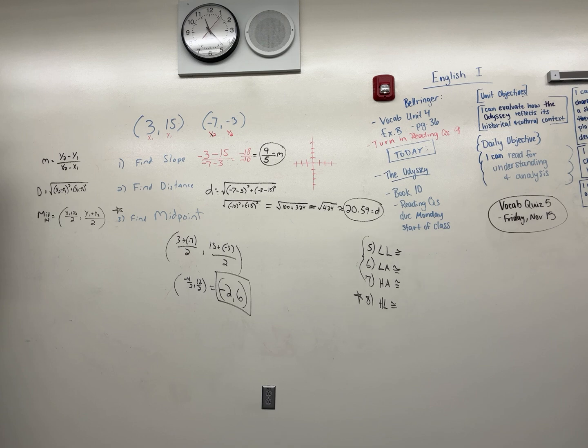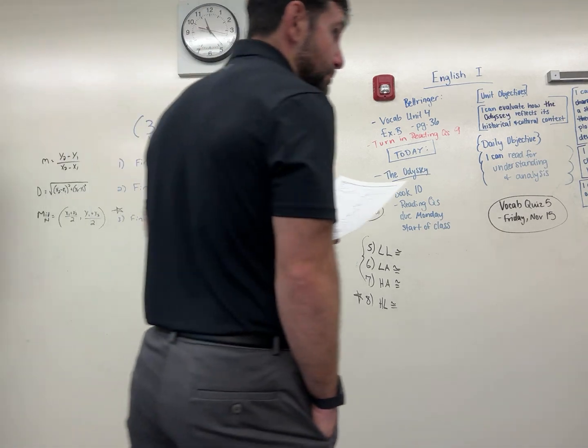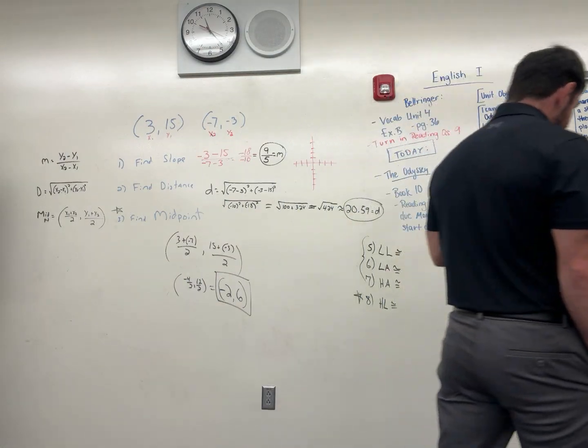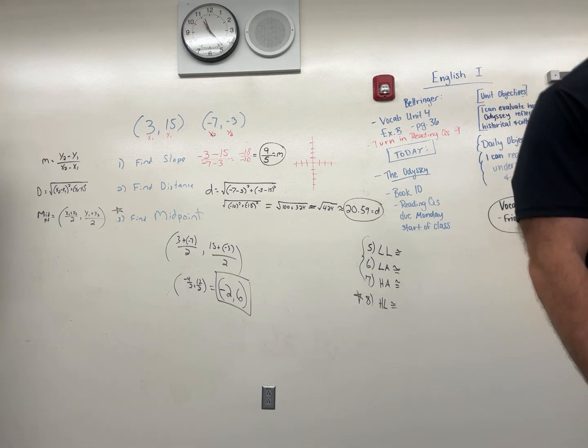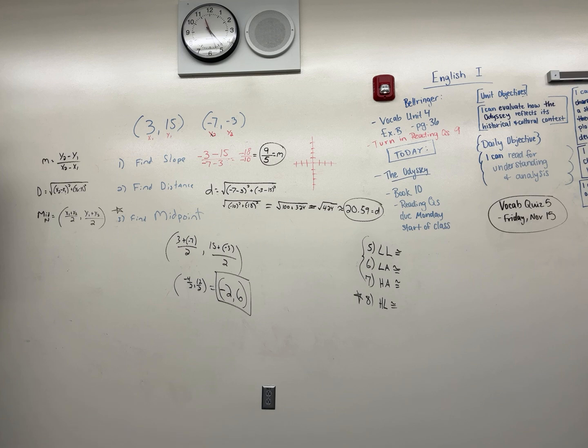Number 15. Angle C is congruent to angle I, or angle B is congruent to angle J. Number 16. Segment DE has to be congruent to segment UV. Okay. 17.